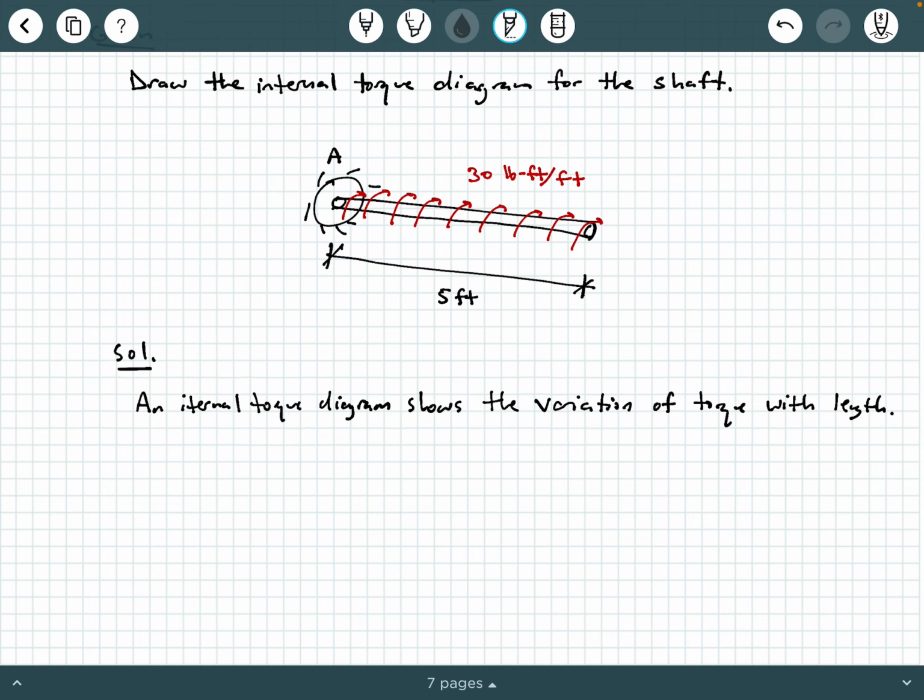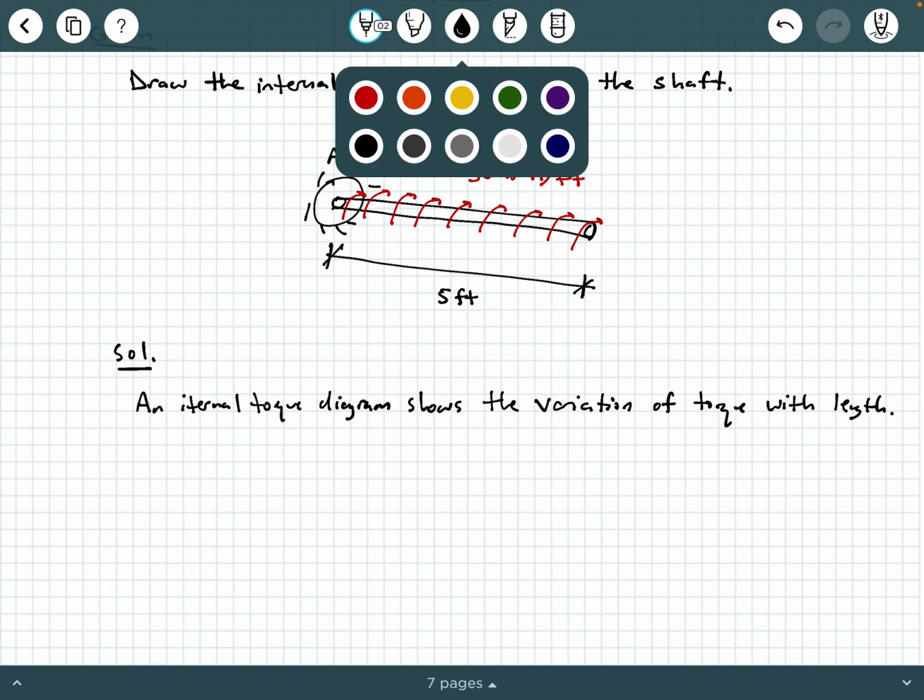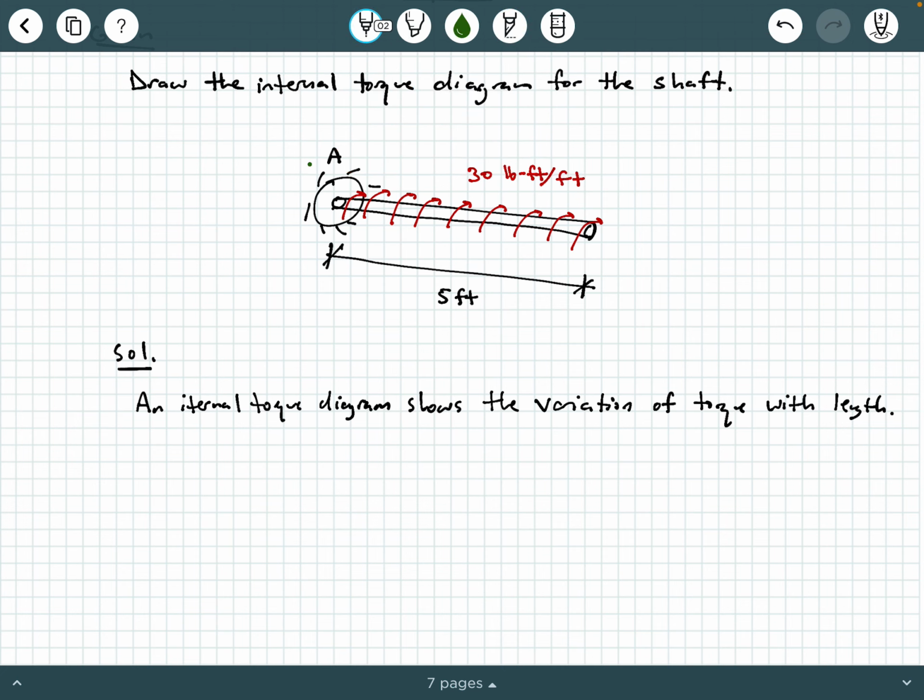So can we figure that out just by looking at it? Well, yeah, hopefully so. All you have is the uniformly distributed torque over a 5-foot length. So hopefully we can just look at this and say the torque reaction at A, we can call that TRA, is equal to what? Well, that's just going to be equal to 150 pound-feet.